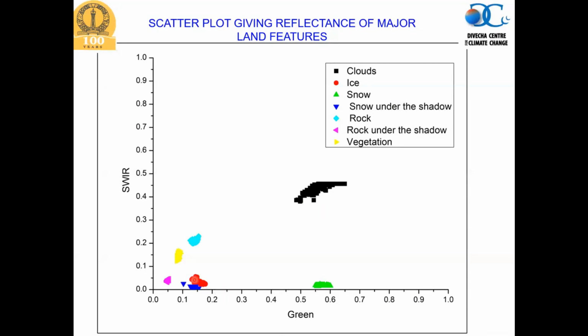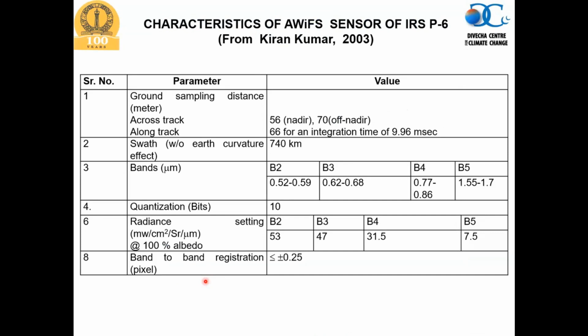Then this is ice, which is occupying close. Then there is a rock, which is at a different place, and the vegetation is also at a different place. So if you really look into this scatter plot, you can argue that snow and ice can have a unique space so that we can identify snow very comfortably on satellite images. So having said that, let us understand what we want to do.